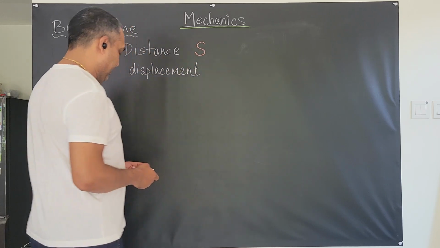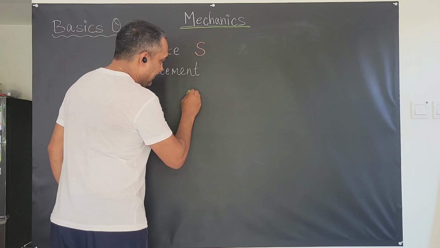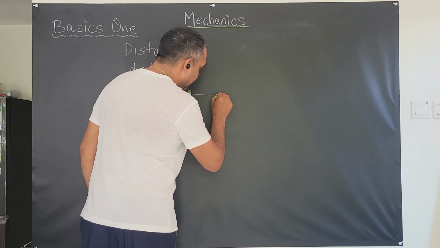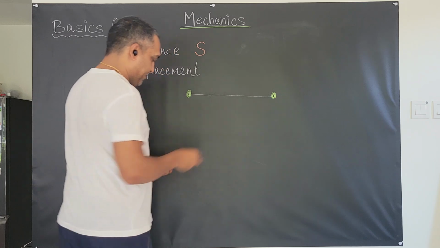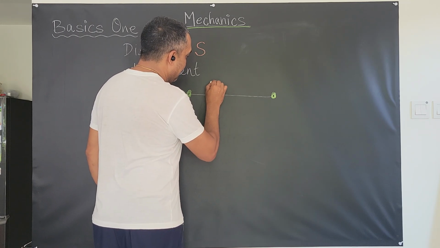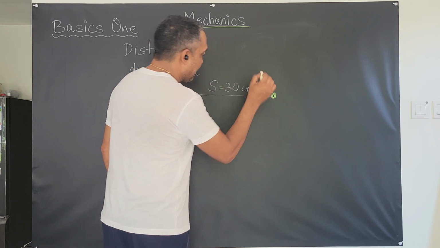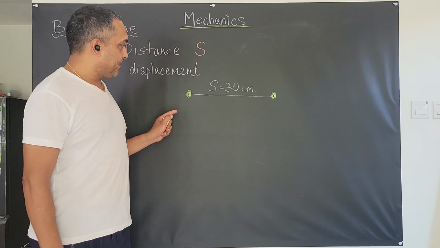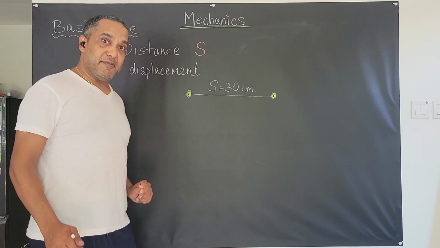Here's an object, and we have it moving to, let's say, here. And let's say that's about 30 centimeters or so. So we could say S is equal to 30 centimeters. The object has traveled a distance of 30 centimeters.